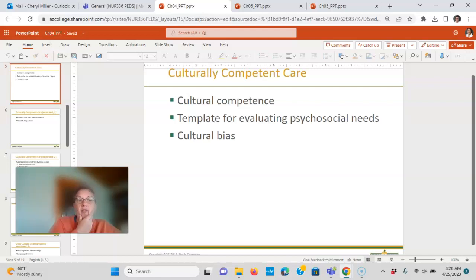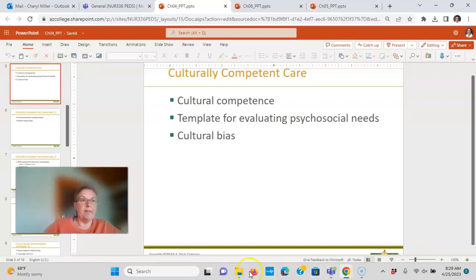So is it a female matriarchal or patriarchal society that you're dealing with? Use a certified interpreter at all points in time. That's always going to be the answer on the NCLEX. Speak in a tone that's appropriate for the situation and provide undivided attention to the parent and the family members.